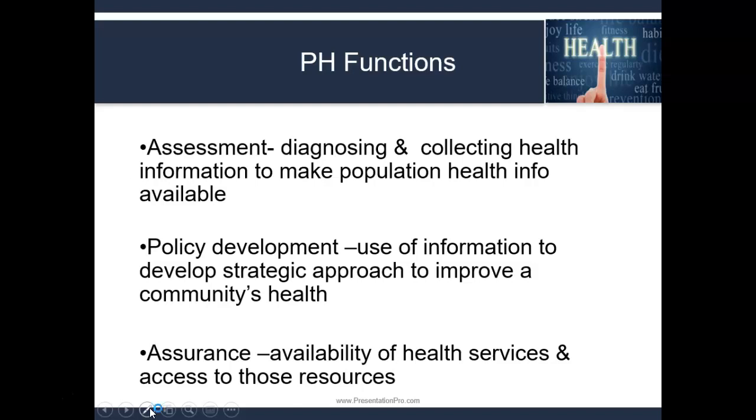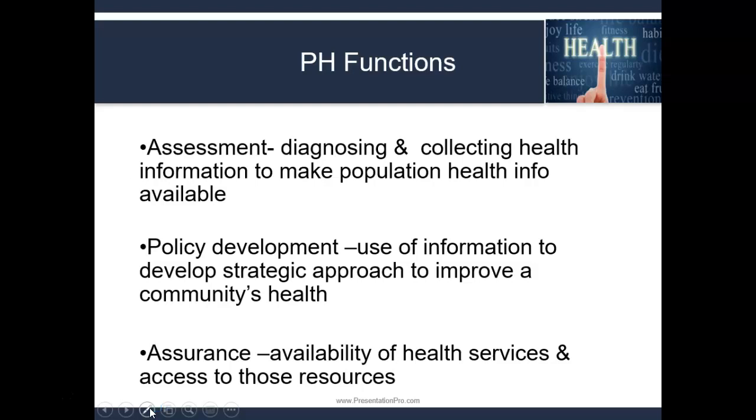And so we use that health information to develop policies, and we see this. We don't always agree with the strategic approach that's developed, but all the same, we should be using that public health information to help inform policies that we develop.